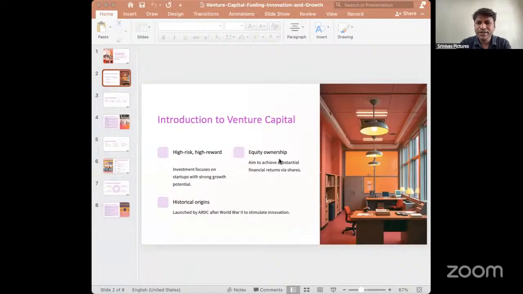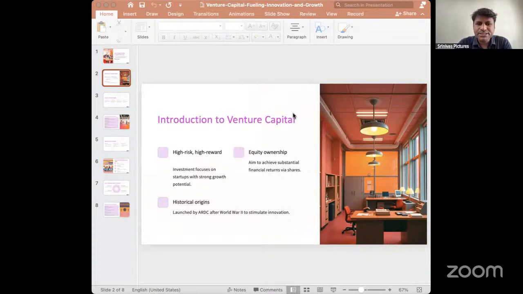What is the meaning of venture capital? Venture capital is risk capital financing in high technology projects, which involves risk but at the same time strong potential for growth.